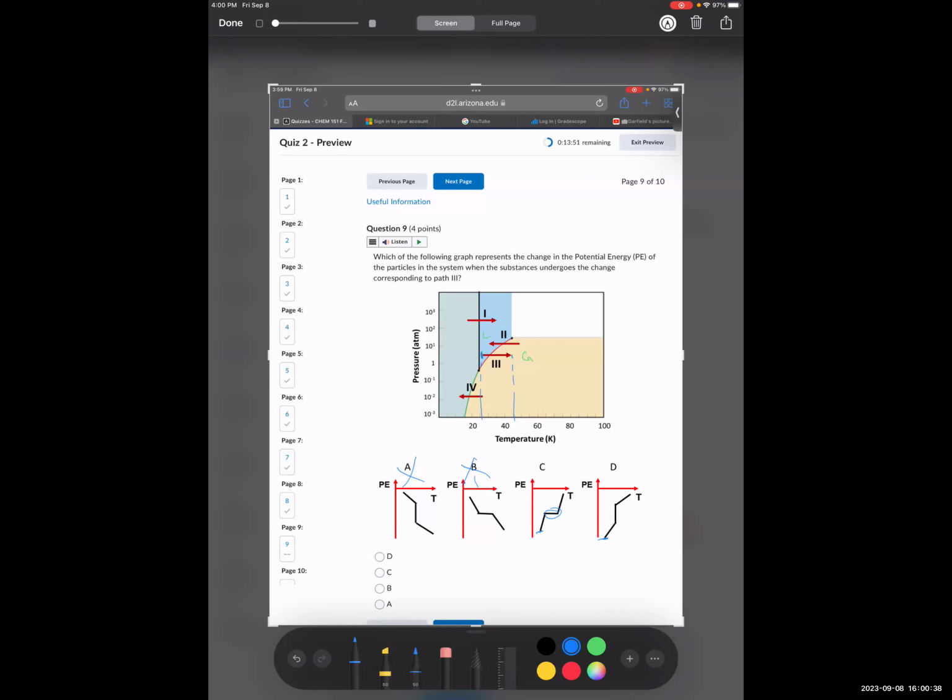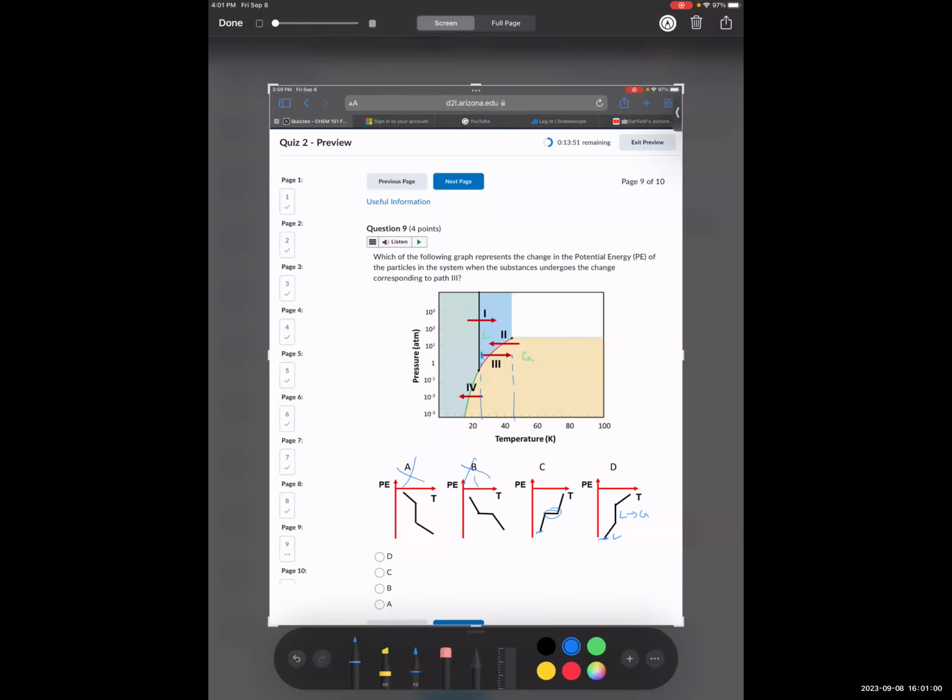Because what happens at phase transitions is temperature remains constant, but the potential energy increases, as in D. In D, you are increasing the temperature of the liquid, and the potential energy slightly increases. That is this region over here. Then the liquid becomes a gas.